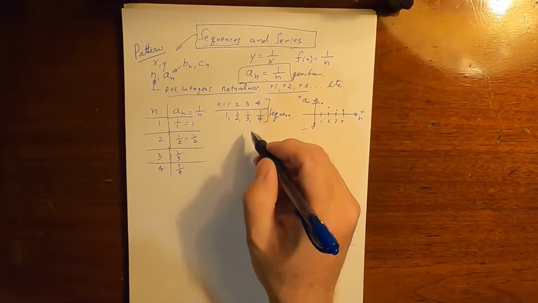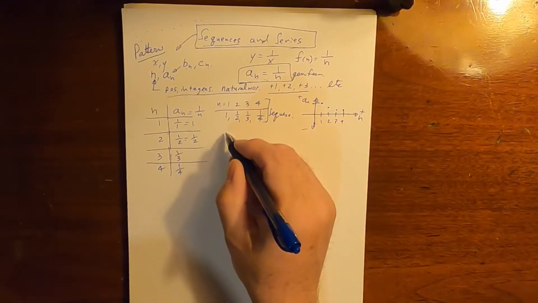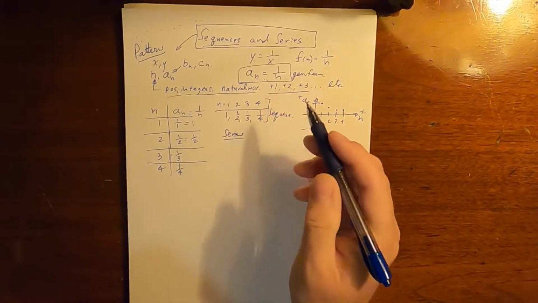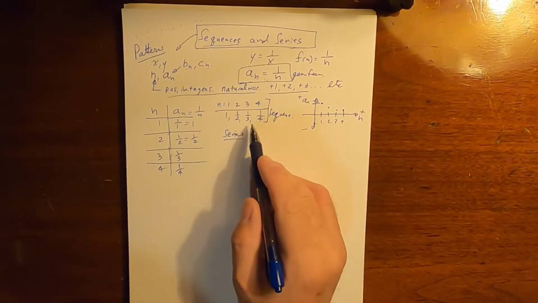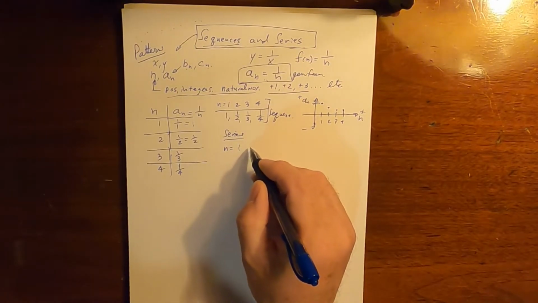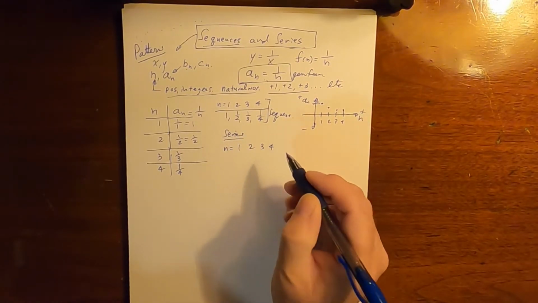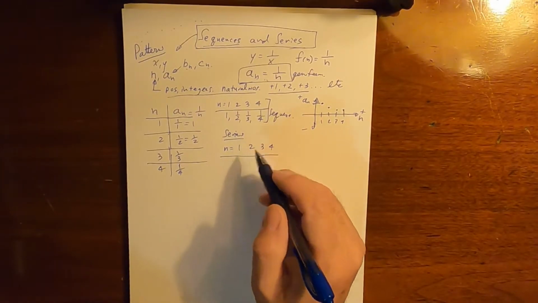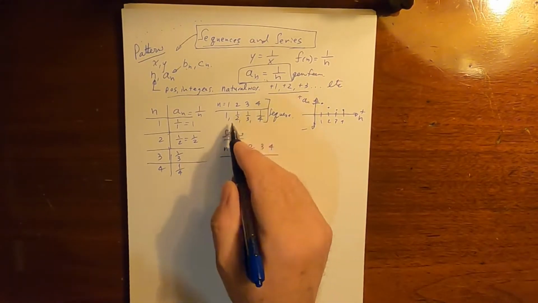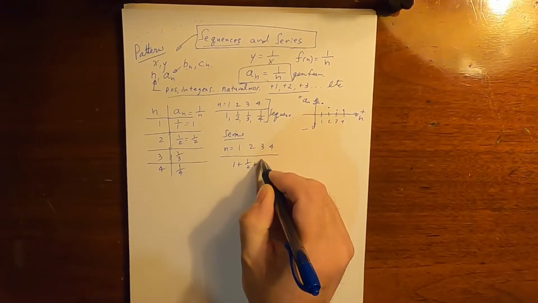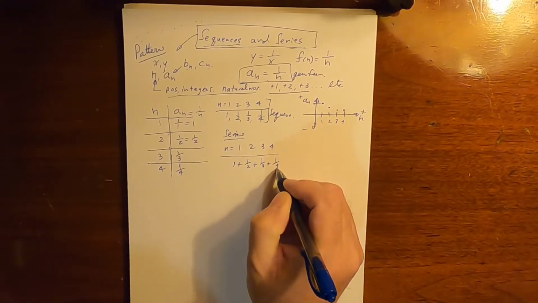Now, when it becomes a series, we have a little bit of a change in the way we look at this data. So then you have n is 1, 2, 3, 4, no change there. But the series is when you add up the sequence. So it will be 1 plus 1/2 plus 1/3 plus 1/4.